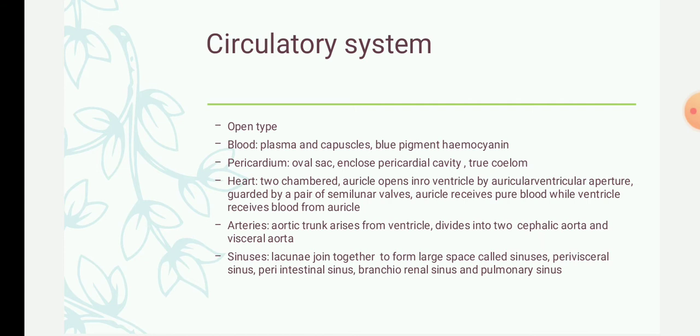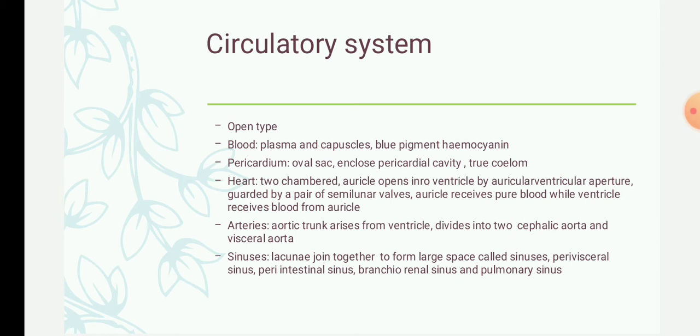The cephalic aorta divides into many branches and supplies blood to the mantle, the pseudopodium, the esophagus, the skin, the head and foot. The visceral aorta divides and supplies blood to the stomach, intestine, liver, gonads and pericardium. So these are 5 parts. Okay, followed by arteries there are sinuses.